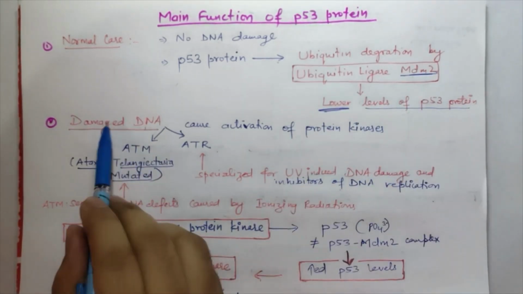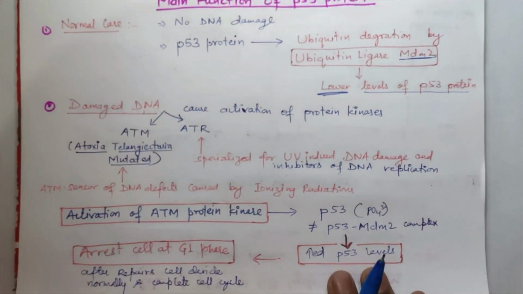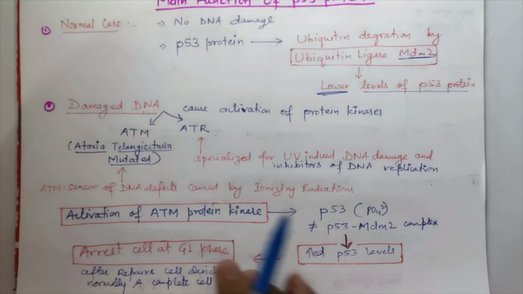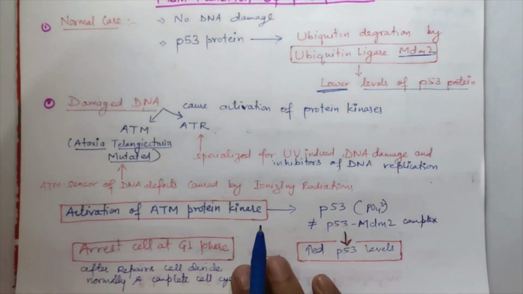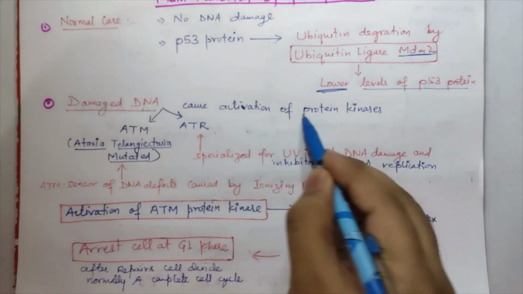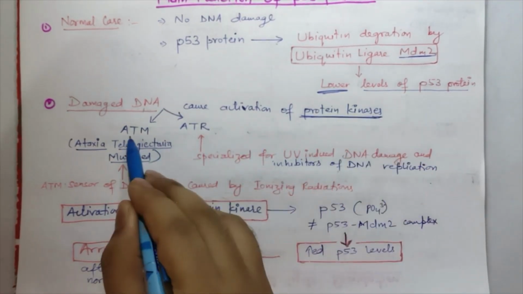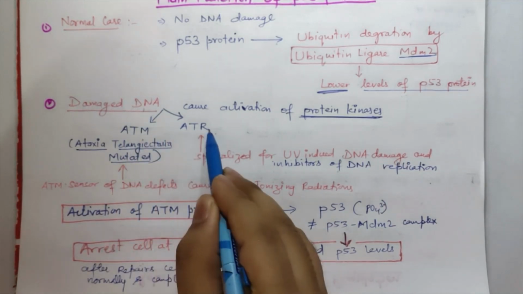But when there is damaged DNA, here comes the main role of the P53 protein. When there is damaged DNA, it causes activation of protein kinases, and there are two types of protein kinases, ATM and ATR.